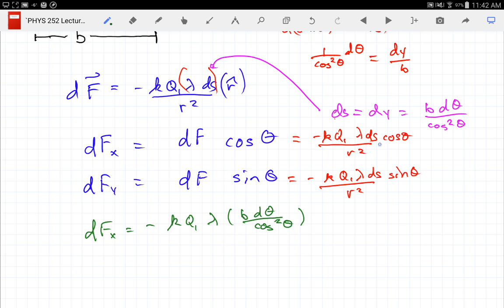So this parenthesis is what the ds was before. My cosine theta, and then divided by r squared.